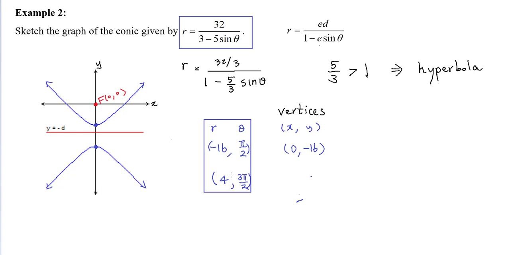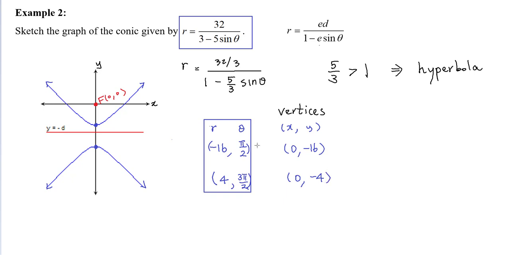The angle 3 pi over 2 is the negative y-axis with the distance 4 from the pole, so as a rectangular coordinate it should be 0, negative 4.